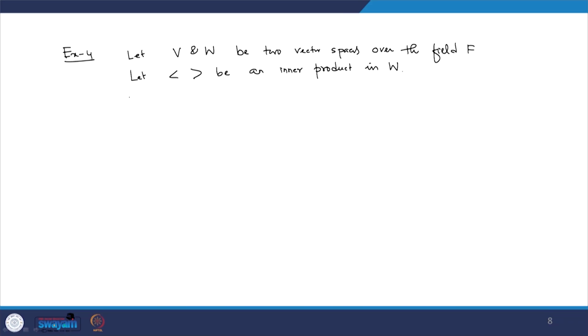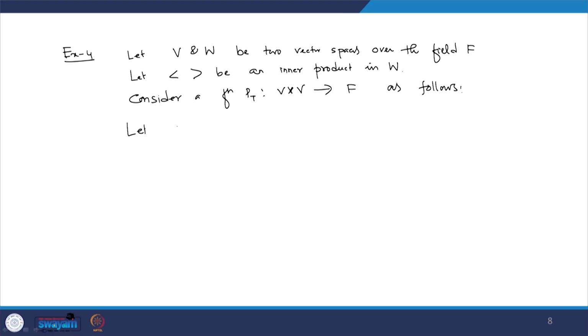Now, let me define a function. Consider a function PT from V cross V to F as follows.